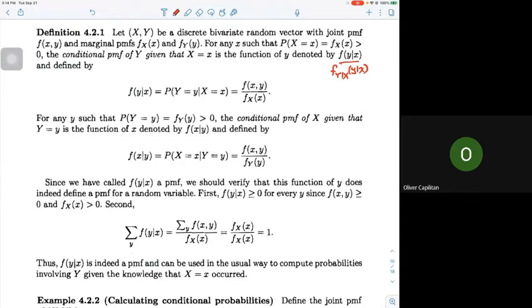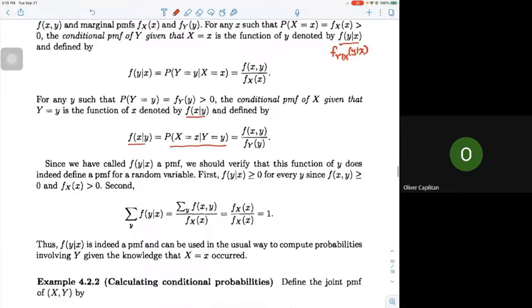It's being denoted by this symbol, f of x given y, or the probability that our random variable X is equal to small x given that Y is equal to small y, and it is equal to this fractional expression in which the numerator is the joint PMF over the marginal PMF of y.